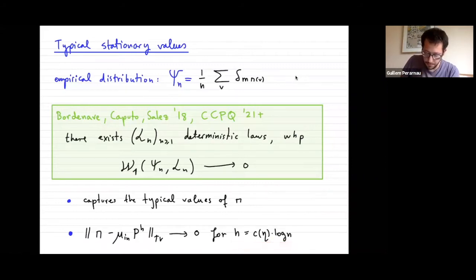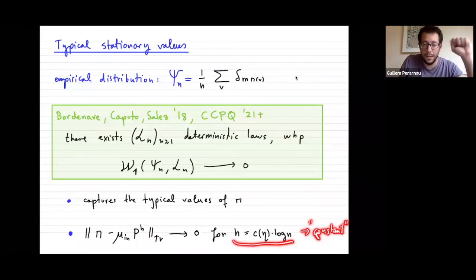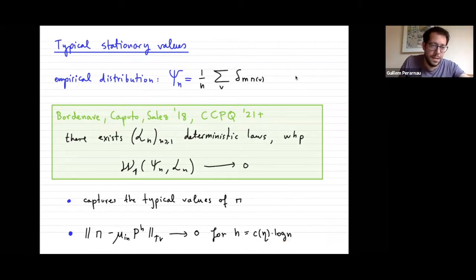In fact, this can be improved to a constant, essentially, but I didn't put it here because we don't prove this. Bordenave, Caputo, and Salez prove that it's enough to walk constantly many steps starting at the in-degree distribution. In our case, we only prove this weaker statement. So with this slide, I wanted to give you the idea that we understand how typical stationary values behave.